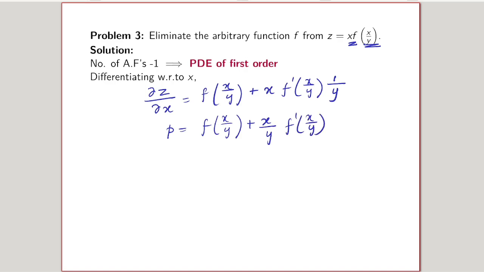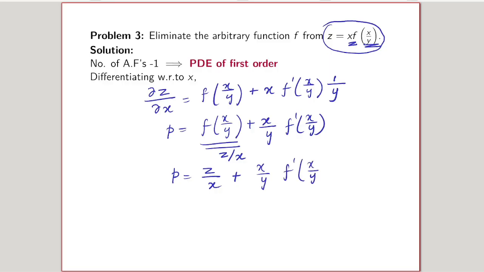So now note that this term f of x by y can be replaced with z by x from the given relation. So we can write p is equal to z by x plus x by y into f dash of x by y.